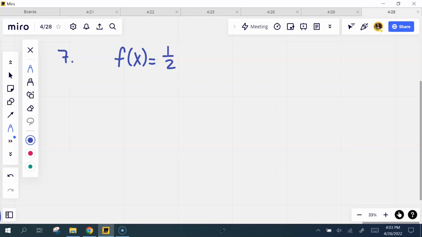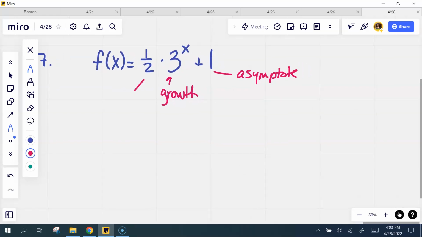That's my a. That's not growth or decay. That's just my a. 3 to the x plus 1. Okay, so what do I know? Well, I know that it's growth. That's what that tells me. I know that this is my asymptote. What else do I know? I've got a vertical shrink of a half, and I've moved up 1.